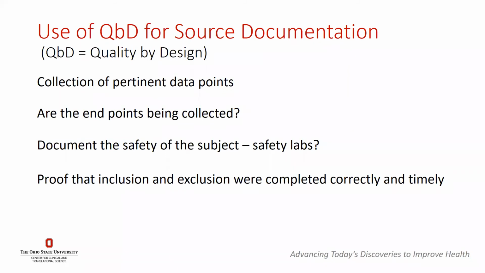When you have one of those visits where a patient comes in and they're here for 2 or 3 hours because they're undergoing all these different assessments, somewhere 10 different assessments, or that there's surveys that they need to take, and you're trying to get that in between the different providers coming in and doing what they need to do, having a checklist as part of your source docs really does help as far as making sure that everything was done, that they got their blood draw, that they did their 6-minute walk test, that they took this survey and that survey and the depression survey, and as you know, the list can go on.